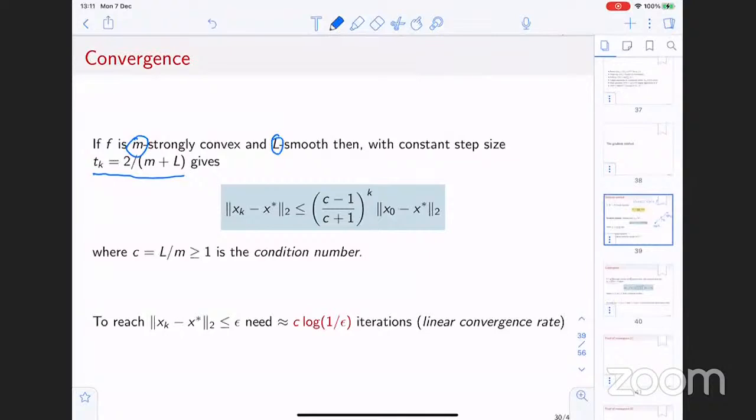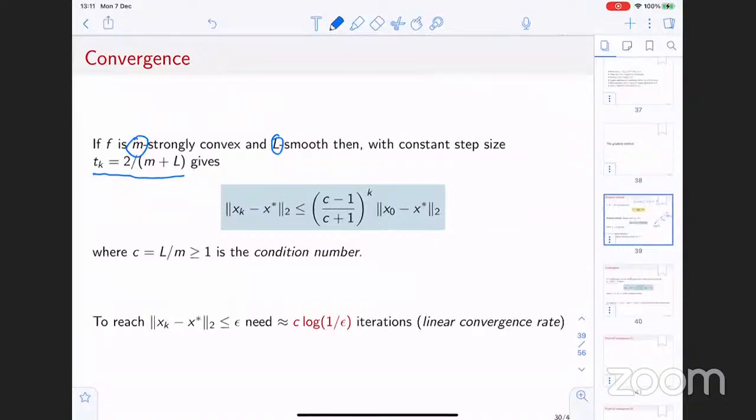So this is something that you can prove: the norm of xk minus x star, so how far you are from the optimal point x star, is less than the following quantity raised to the power k times norm of x0 minus x star.